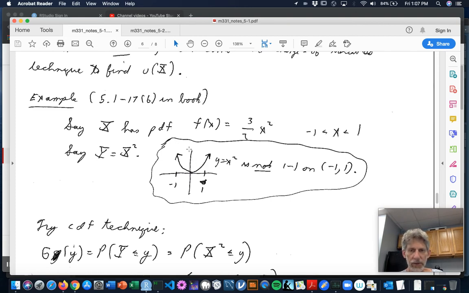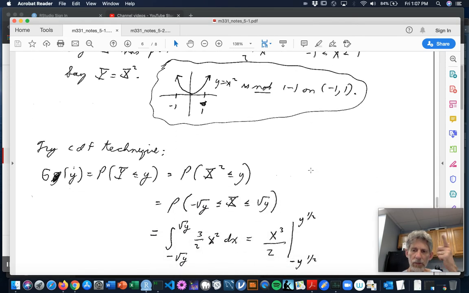Whoa, I'm getting ahead of myself. This is not the graph of f. Say that y is x squared, and say that we want to know the distribution of y. So I think about that function, u of x equals x squared. So here's its graph. And that is not one-to-one on this support here for capital X.